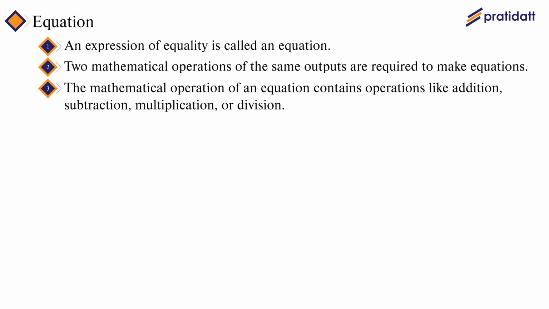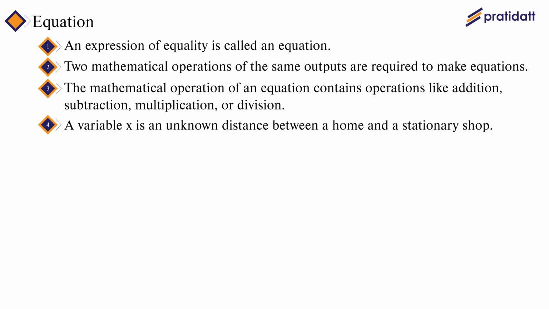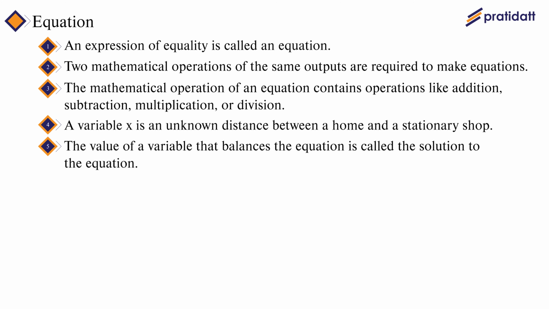The mathematical operation of an equation contains operations like addition, subtraction, multiplication, or division. A variable x is an unknown distance between the home and the stationery shop. The value of the variable that balances the equation is called the solution to the equation.